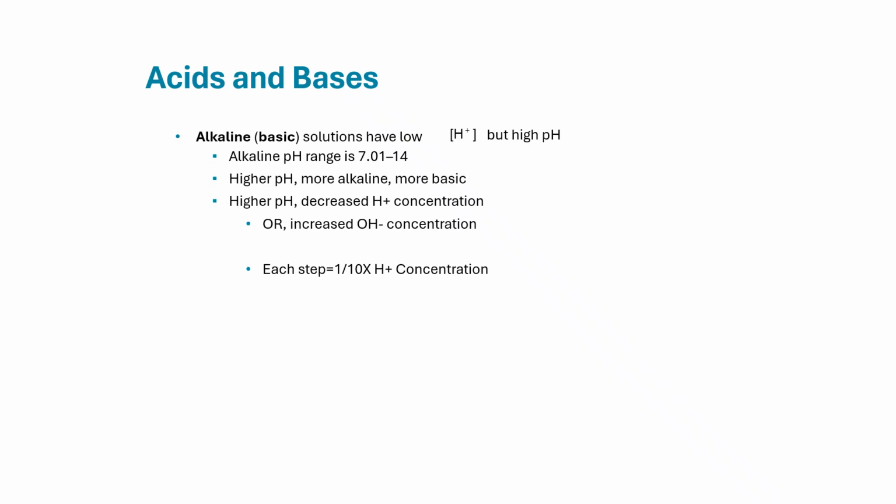You can do that one either way. Each step gives 1/10 the hydrogen concentration. An example is that pH 9 has 1/10 the hydrogen concentration of pH 8.